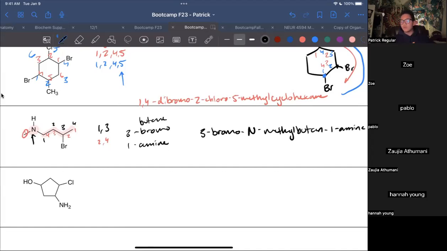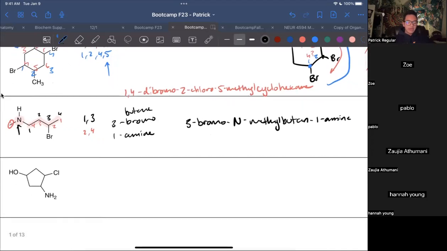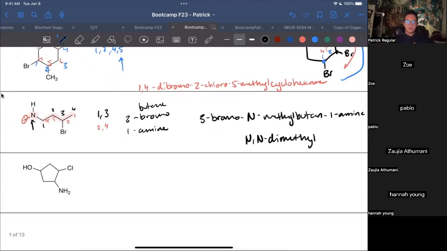Again, like the alcohol, you're welcome to drop the 1, but personally, I wouldn't. When in doubt, don't leave it out, okay? If you had a dimethyl, it would be N,N-dimethyl. Again, this doesn't apply to this compound, but just in case you had to see it again on the final.